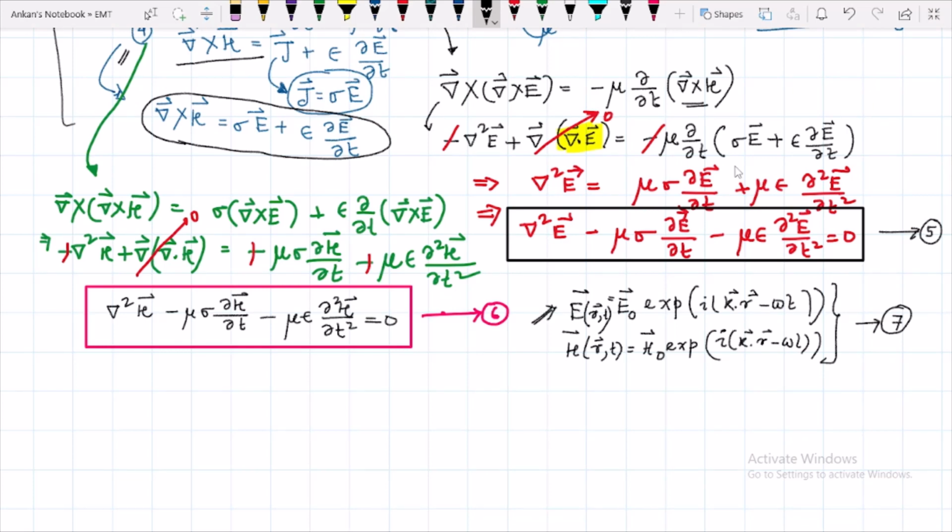Let me first put the first part of 7, that is E, in 5, putting the value of del square E. If you take the divergence of this electric field, then you obtain i k dot E. This will be taken out and this will remain. Now if we take the divergence again, then this becomes minus k square of E.